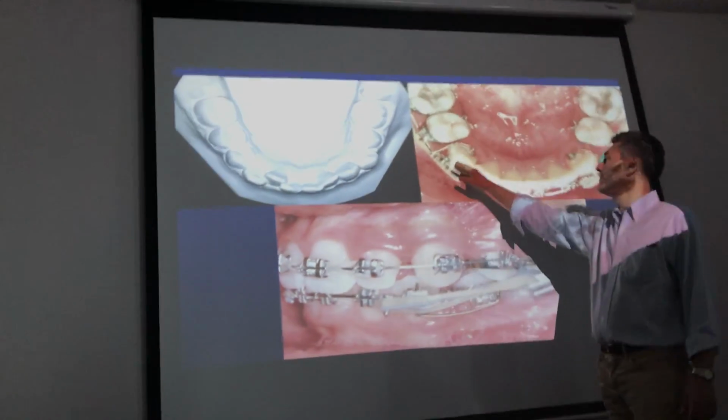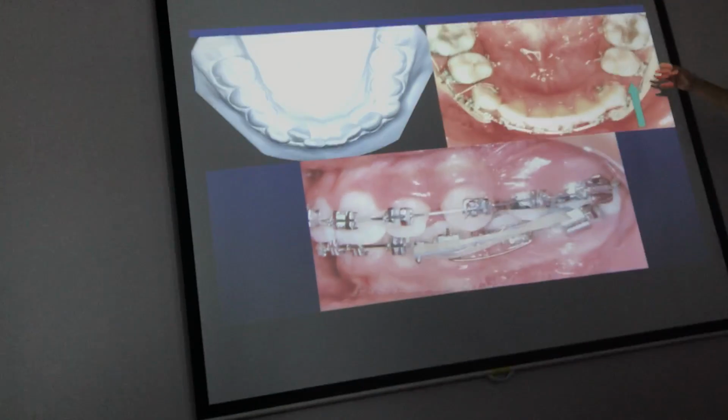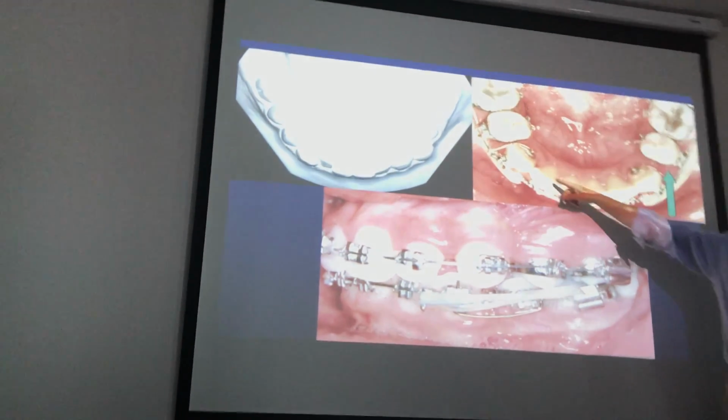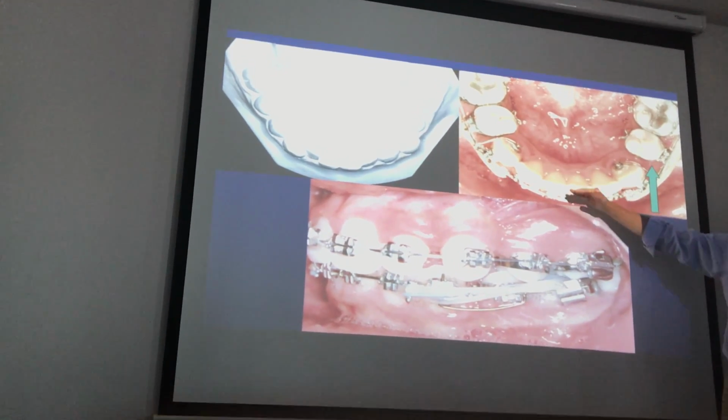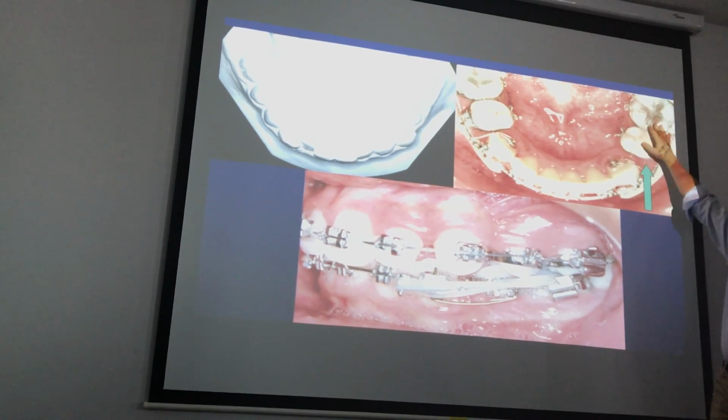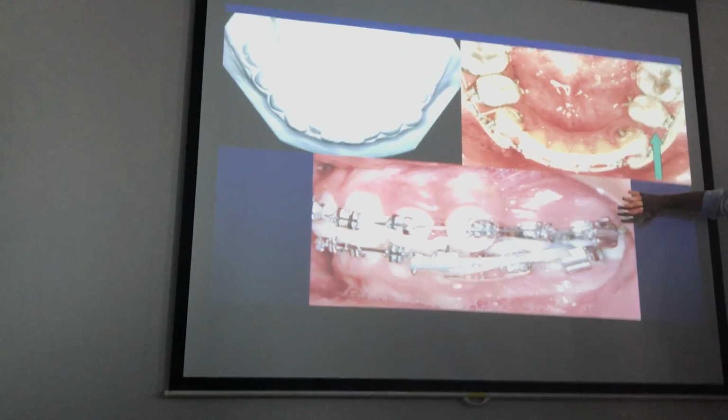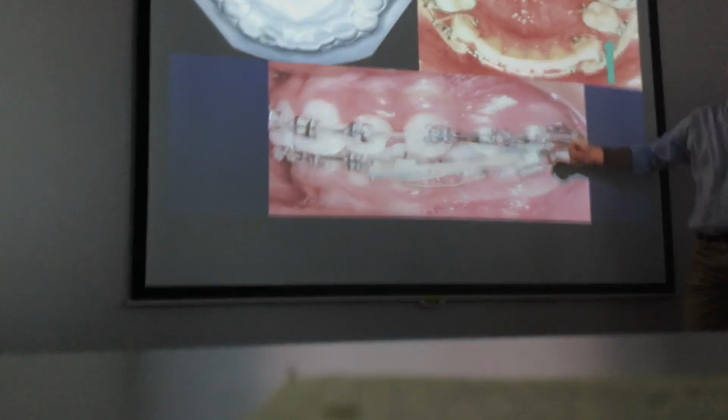Space is closed here. You still have space here. There is no crowding. You don't want any correction of the profile. So this has to go forward, so you do an asymmetric protraction.